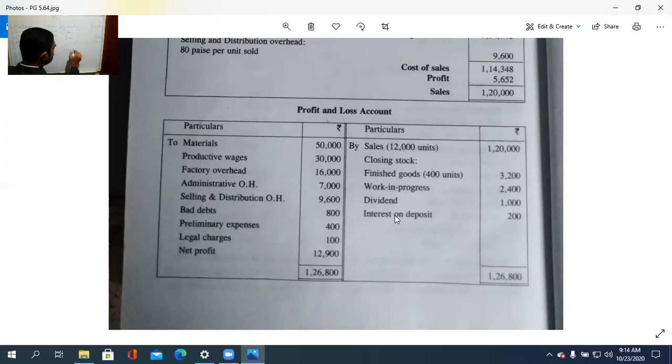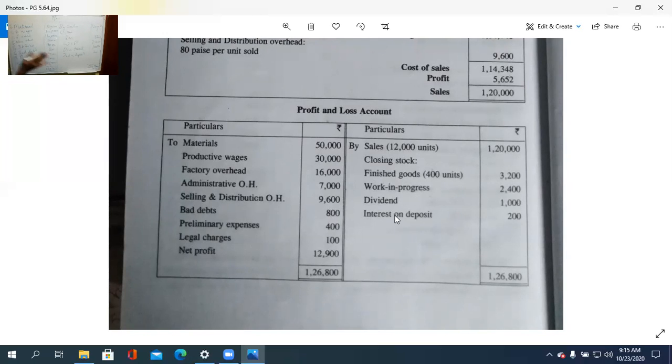Then dividend received 1,000. And interest on deposit 200. Take the total of this, it is 1,26,800. So this is to net profit. How much did we calculate? 12,900.